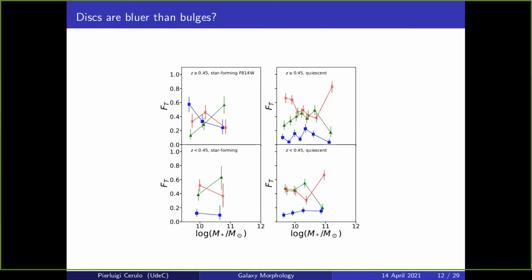In CLASH, we have morphologies in 16 bands, so we redid the plot for CLASH galaxies in the F814W band, so it's roughly the I band. And you can see that at high redshift, there is a slight increase in the fraction of low mass early type disks. However, the increase in the fraction of these early type disks remains also if we observe morphology in a bluer band.